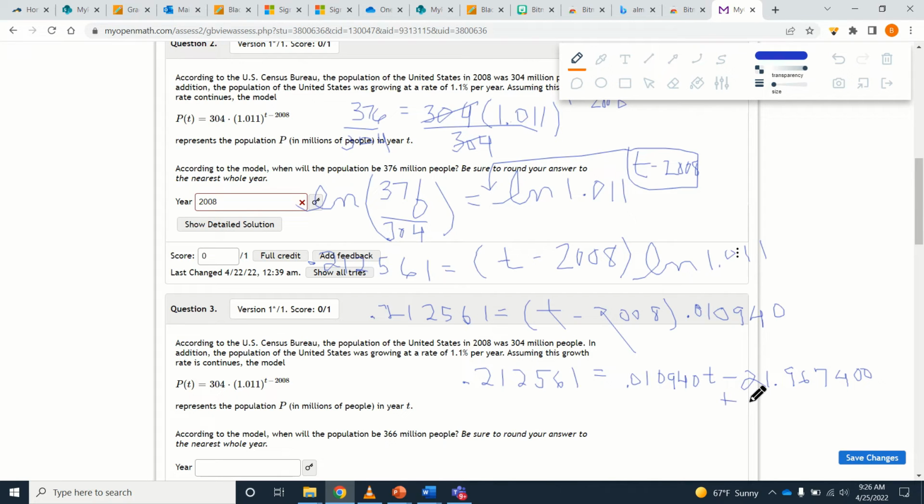All right, so let's continue solving. We'll add the 21.9674 to both sides.